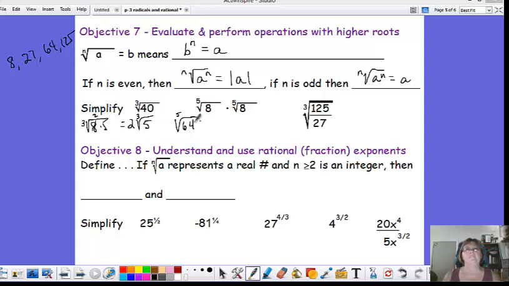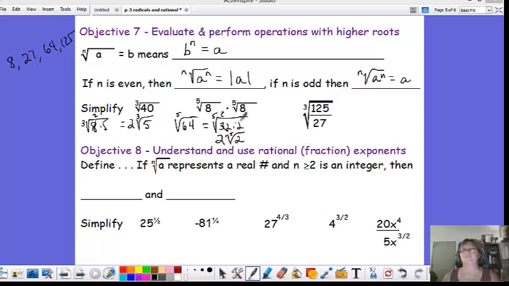I'm thinking 2 is a good choice to look at here. 2 to the 4th is 16, 2 to the 5th is 32. And let's see, if we broke this up into 32 times 2, now you check me, is that the same thing as 64? And the fifth root of 32 is 2. So we bring a 2 to the outside, and we're left with the fifth root of 2 inside.